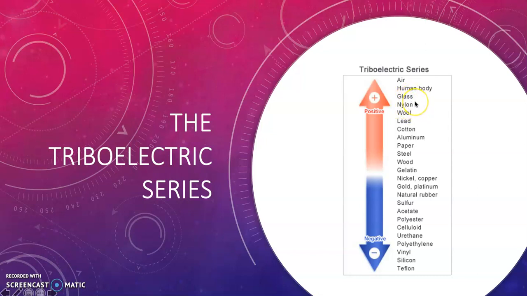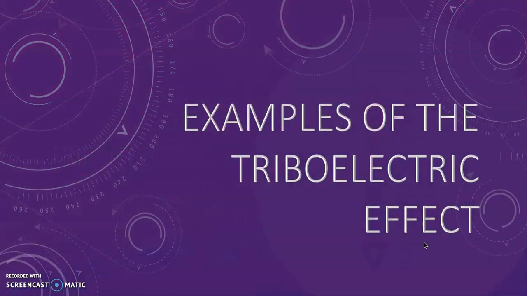So obviously it's going to be more likely to have negative charges, or electrons, taken from it. Whereas the styrofoam peanuts from the image are going to be more down towards the celluloid or the urethane or polyethylene range, plastic-based materials. So it is going to take electrons and become more negatively charged.